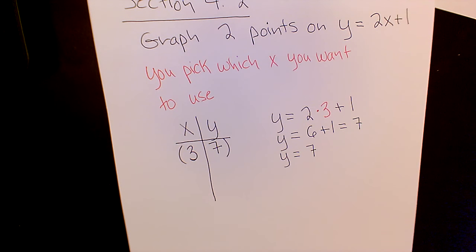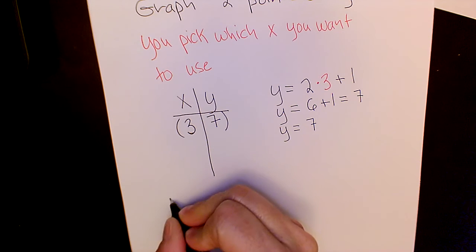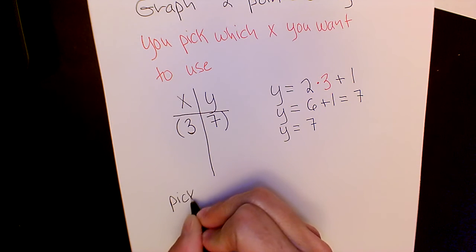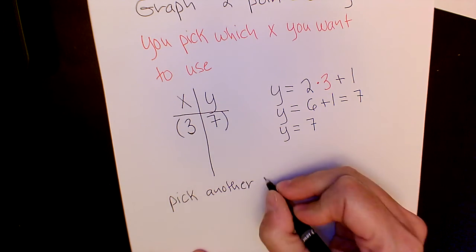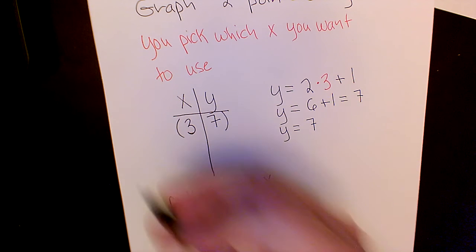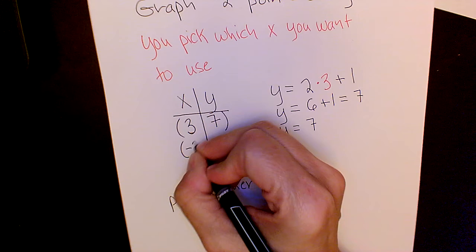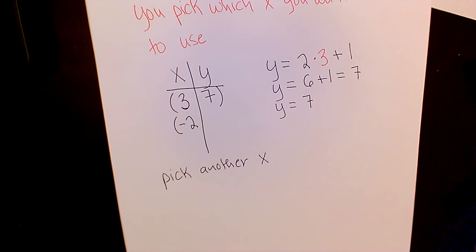They want 2. Okay? So I'm gonna pick another x, because I need 2 points. They want 2 points. Pick another x. Okay, let's see. How about, this time I'm gonna go -2. Okay.